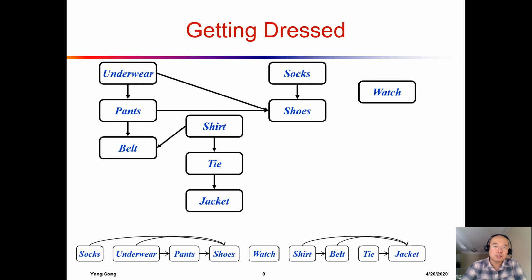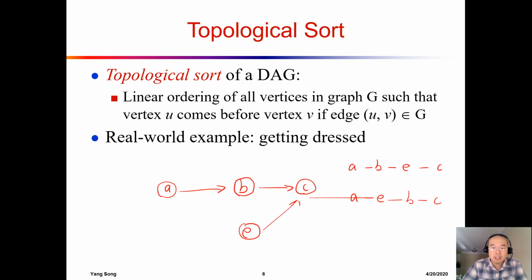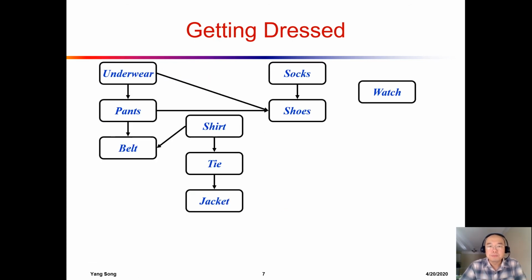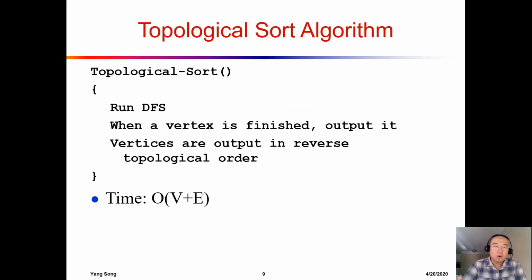So this is just one way that we can get dressed, and of course, as we have seen here, there can be multiple ways to come up with a sequence of steps that meets all the requirements. Okay, so how do we come up with a possible solution based on a DAG, so that we can do a topological sorting?